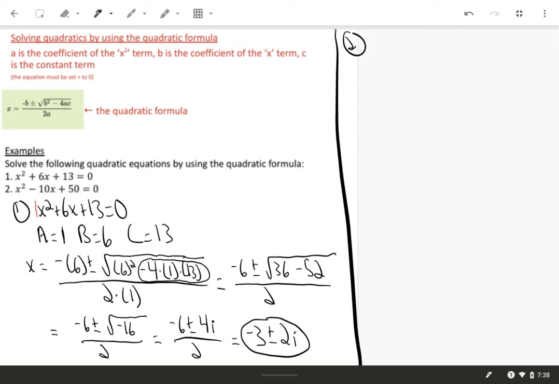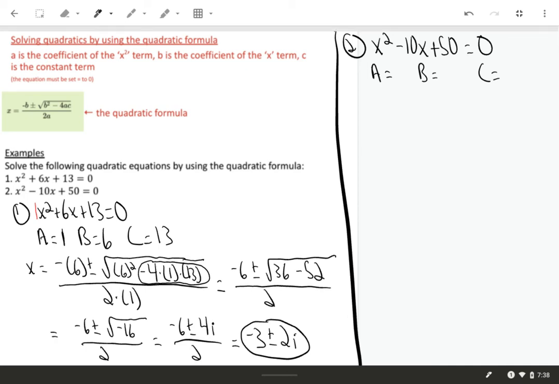Let's take a look at number two. x squared minus 10x plus 50 equals 0. Once again, I will identify my A, my B, and my C. A, once again, is the coefficient of the x squared term, so that's going to be 1.